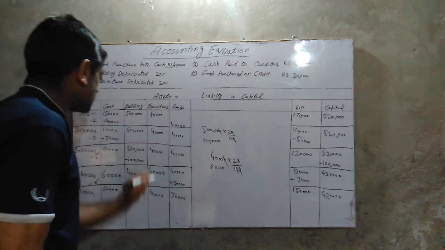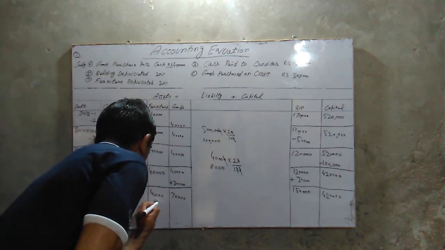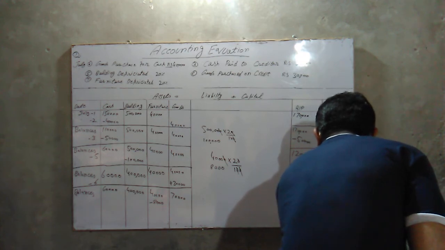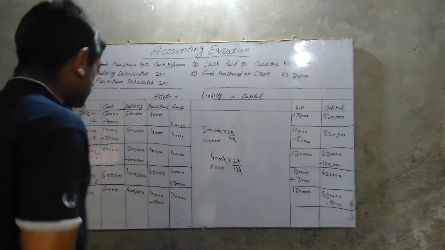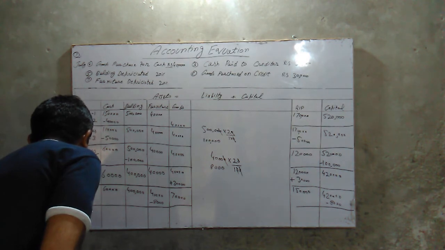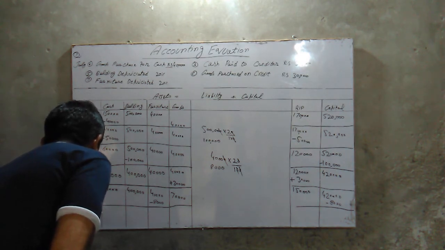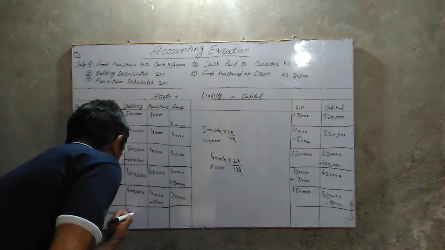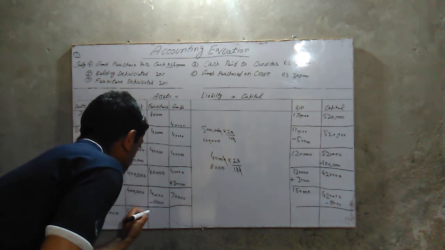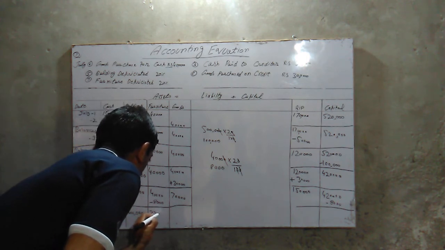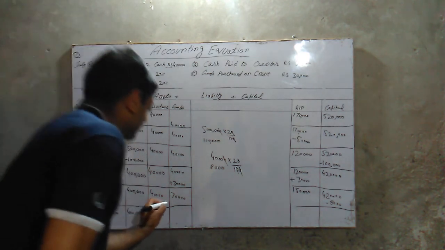So it's minus 8,000, also minus 8,000. So it's 60,000, 4 lakh, 40 minus 8, 32, and the other one is 70,000.